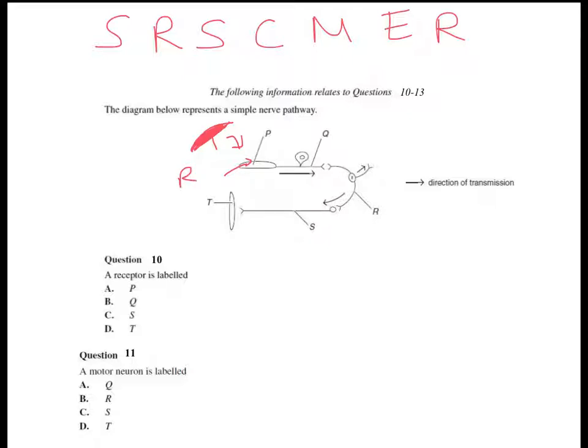Okay, so that's our receptor, which means that this must be the sensory neuron going to the central nervous system, going to the motor neuron, and then this is the effector, and so the response would be to pull the arm away. Okay, so the receptor in this case is here, so that is labelled P.